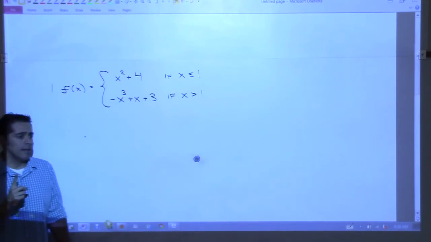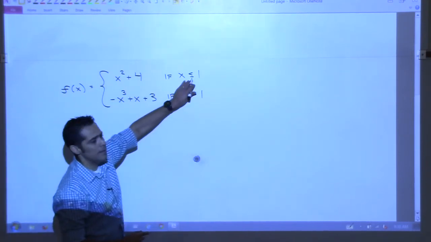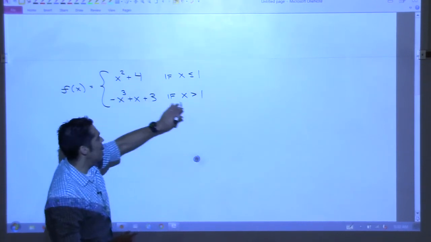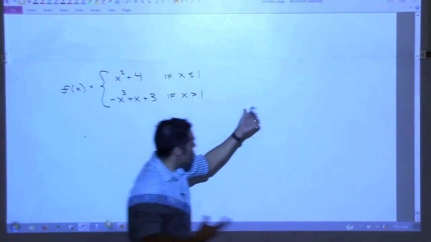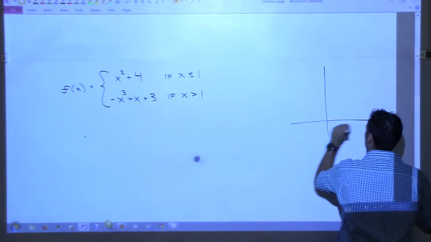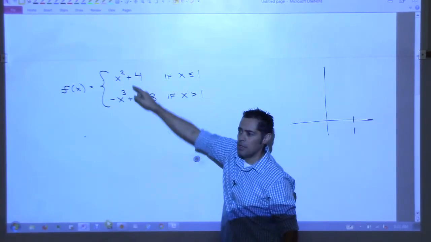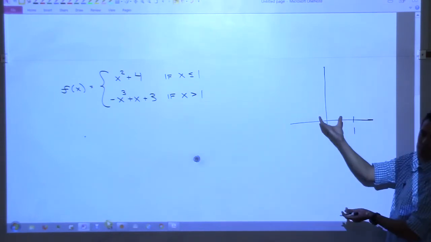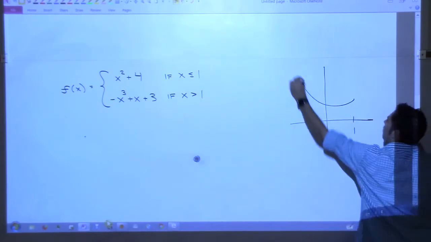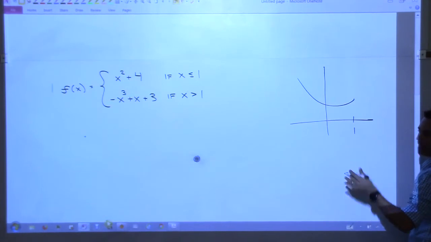At 1. And that's because to the left of 1, I'm this, right? And to the right of 1, I'm this. So graphically speaking, here's 1. To the left of 1, I'm this parabola, right? I don't even know what it looks like. I do know it opens up, right? So, you know, it looks like that, whatever. Yes? That's continuous.